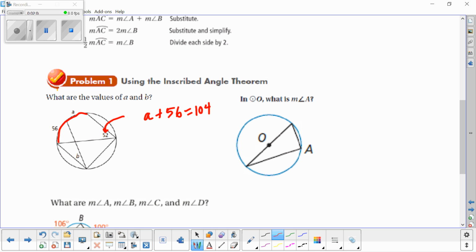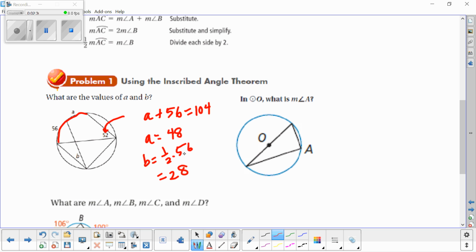That's 104. And so A is equal to 104 minus 56, which is 48. And then B is just half of 56, which is 28.